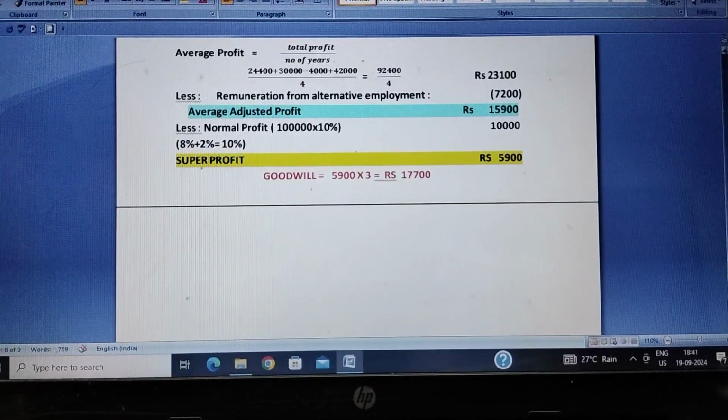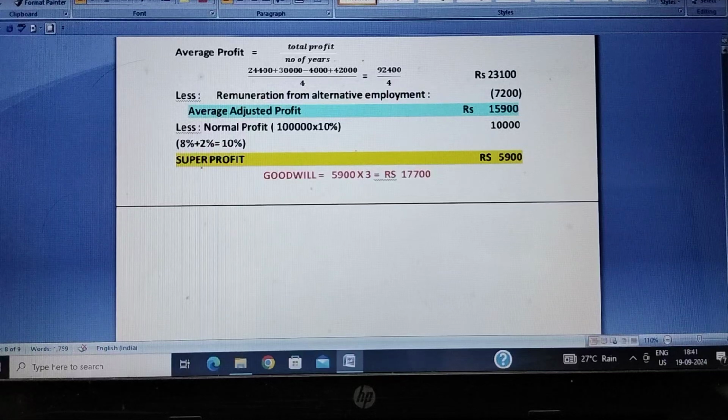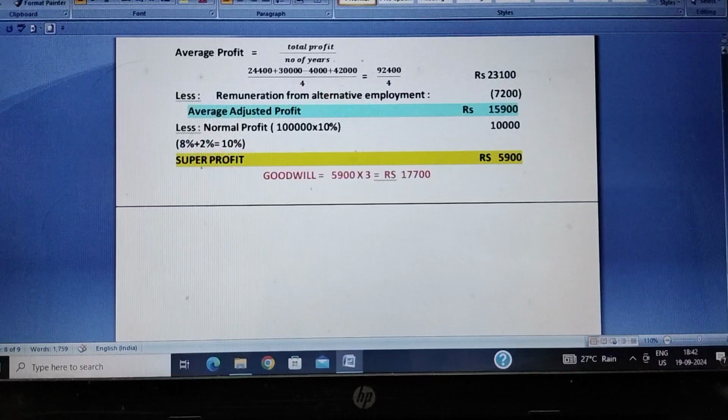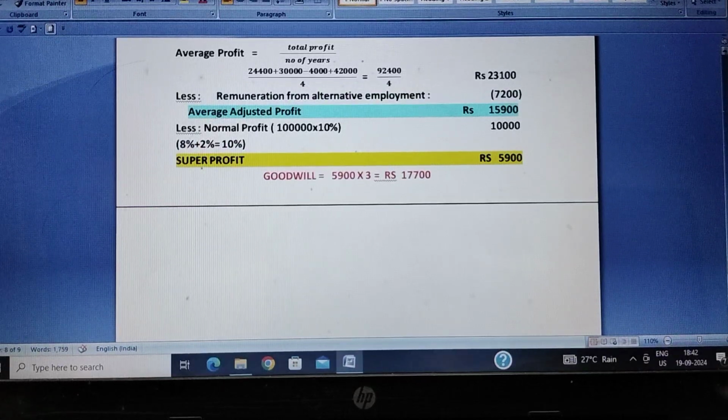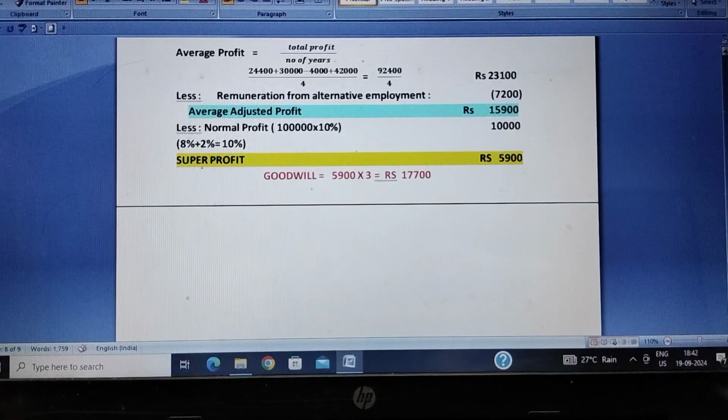I do hope you have understood the concept. You just need to apply the formula. In order to find out adjusted profit, you need to make some plus or minus considering the questions. And if you can find out super profit, you can easily calculate goodwill.